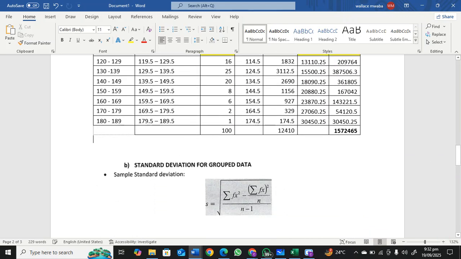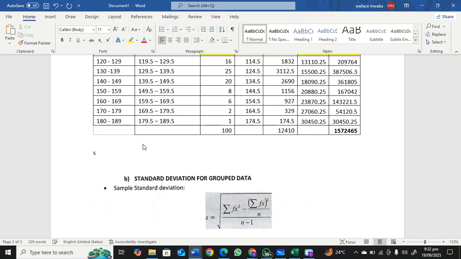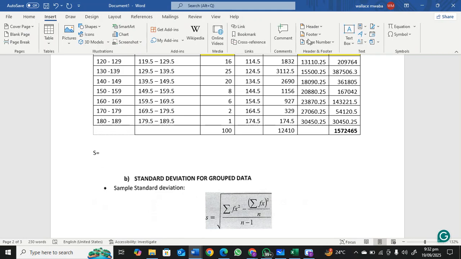Okay, so we come to our formula here. S, which is the standard deviation, equals the square root. Usually, the first thing you get is the variance. The variance is the summation of f times x squared minus the summation of f x, squared, over n minus 1. This gets you the variance.